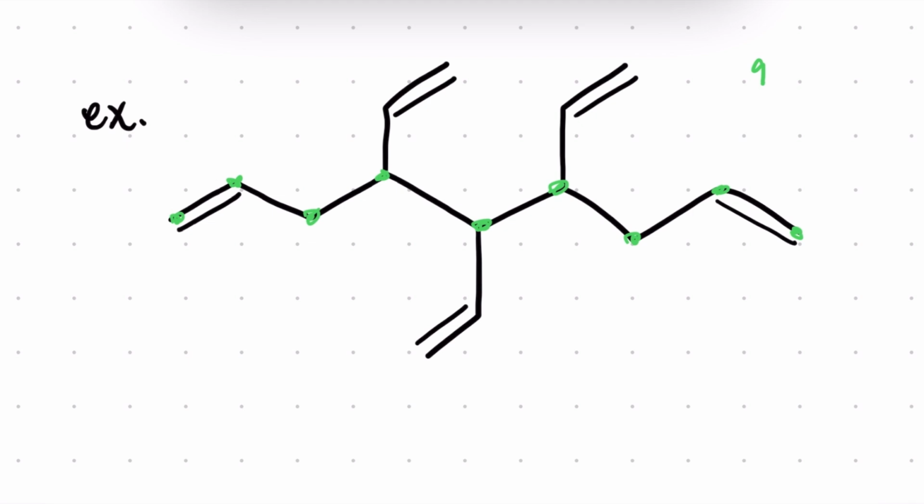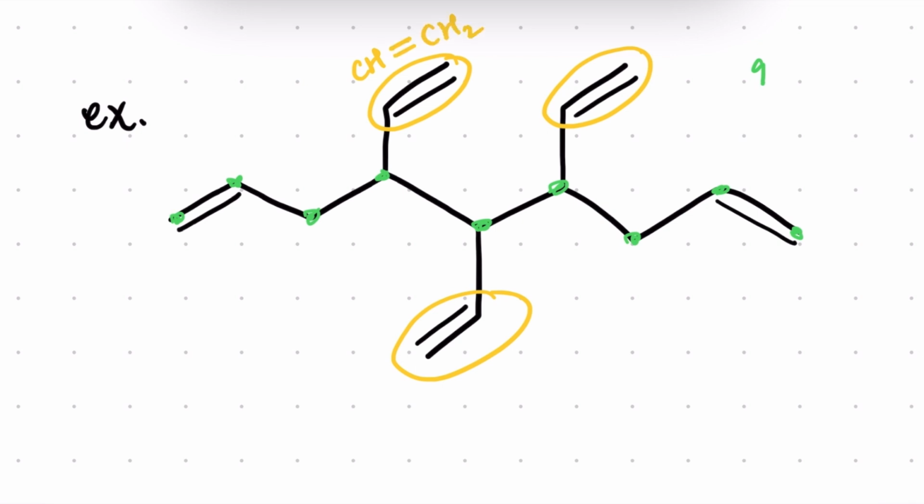Now let's identify all of our substituents. And this is 1, 2, 3. 3 substituents, and each of them is a CH, CH2. All of them are that.